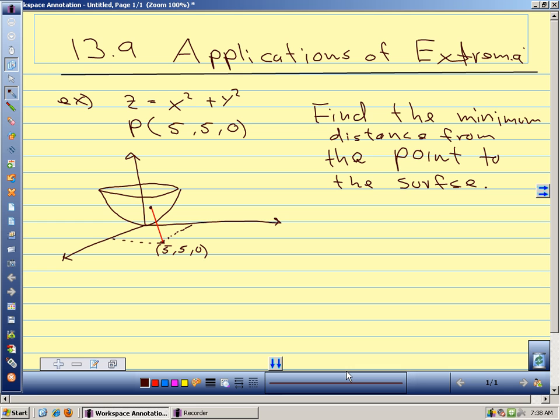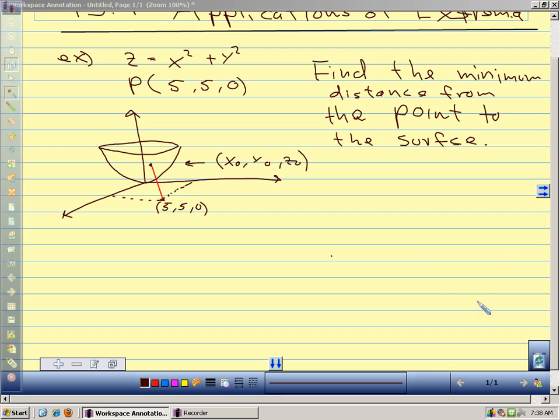So how are we going to do that? Let's call this point on the surface x0, y0, z0. That's the point on the surface where we have the minimum distance. So how are we going to go about minimizing this distance? How do we express the distance from this point to the paraboloid?